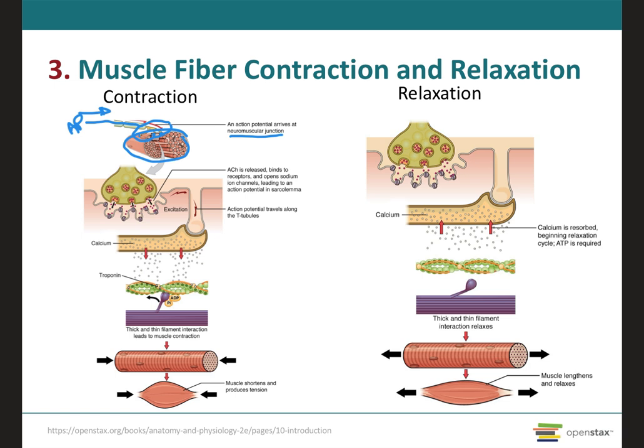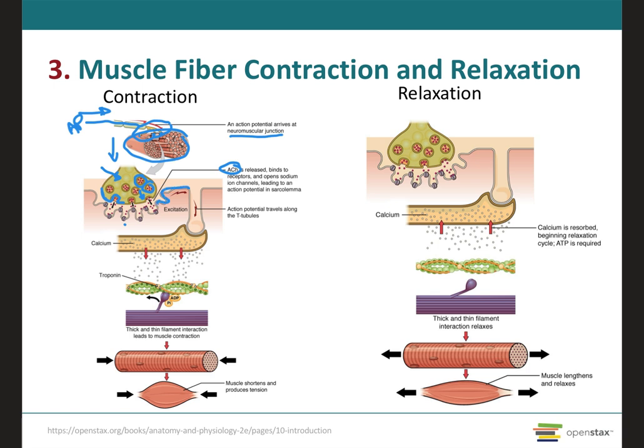So first thing that happens, which we haven't talked about yet, is that when the action potential arrives over here to this synaptic end bulb, it will cause calcium to enter, and the entry of calcium will trigger these synaptic vesicles that contain the neurotransmitter to be pushed down, and the membrane of these synaptic vesicles will fuse with the membrane of the terminal end button or the synaptic end bulb and release the neurotransmitters that are inside the synaptic vesicles.